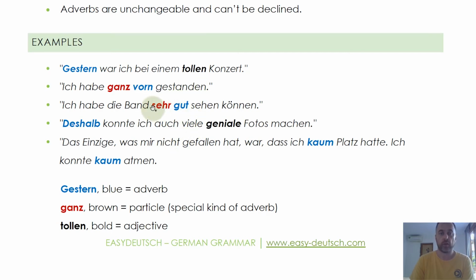Here again, we are not talking about the special characteristic for the band. No, we are talking again about the overall situation, and we're referring to sehen können. So to have been able to see very well. We don't care here about the band because the sehr gut refers to sehen können.